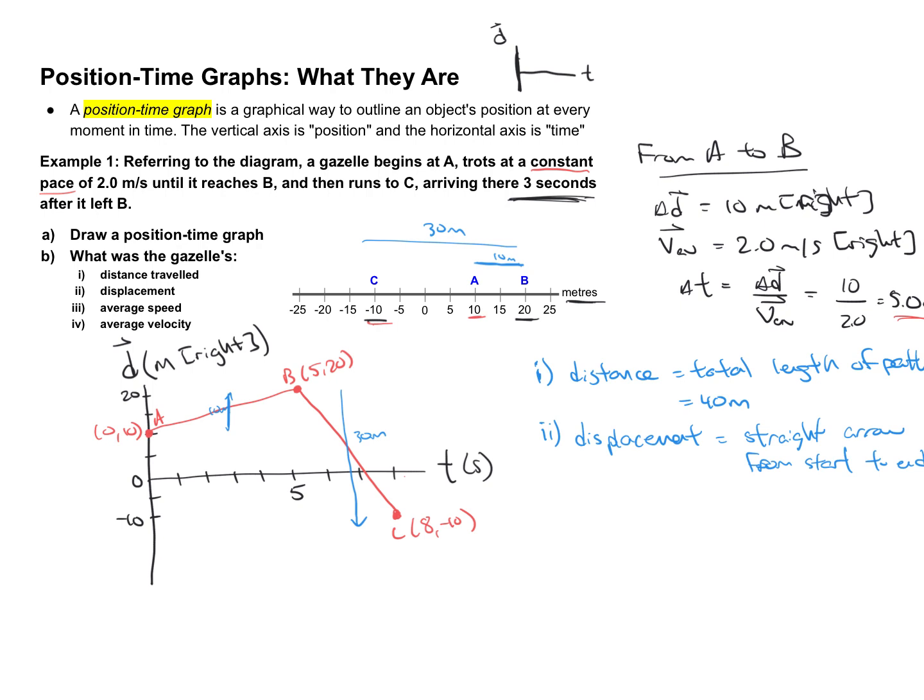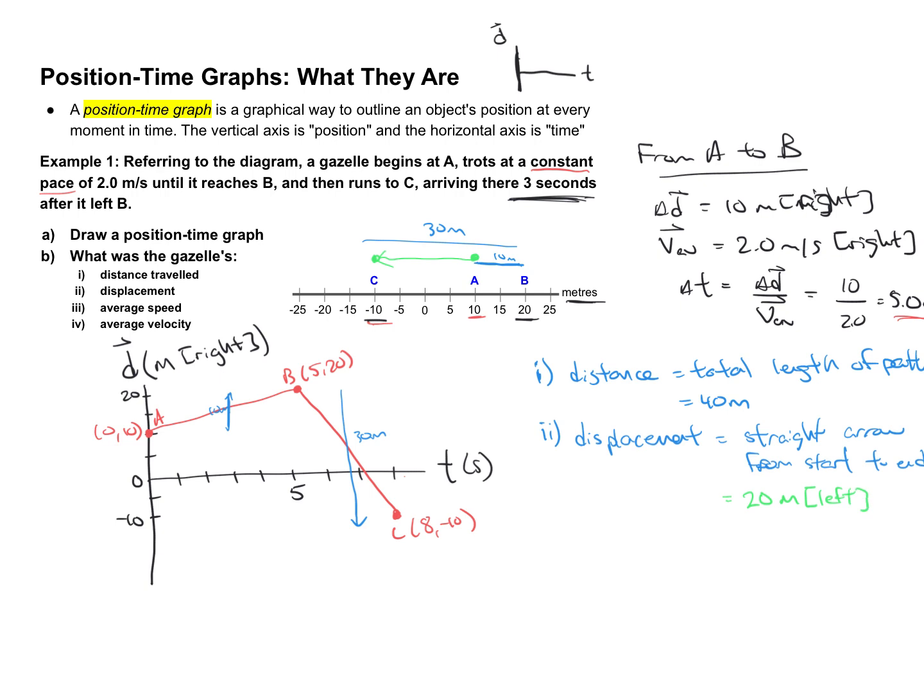So using the number line, we've done it with a number line in the past. If we start at A, and we only look at where we ended, which is C, and we draw a straight arrow from where we started to where we ended, we see that the arrow points left, and the length of the arrow is 20, because from 10 to -10, the length is 20. So I would write down 20 meters left as a displacement.